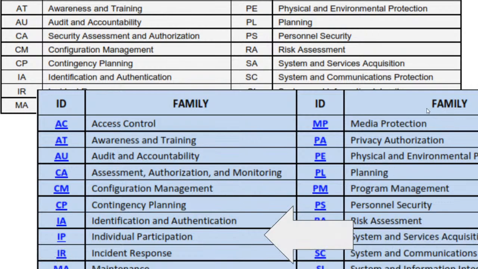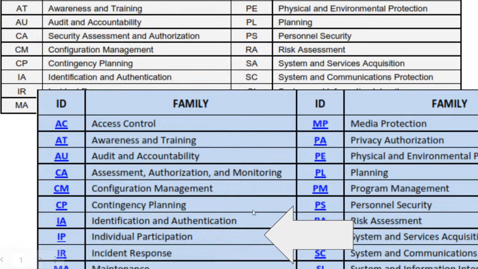If you've ever seen this diagram, the top one is NIST Revision 4. This one down here is NIST Revision 4 where they were transitioning into 5, and that's why you see a little bit more control families here. But this one they recently changed.